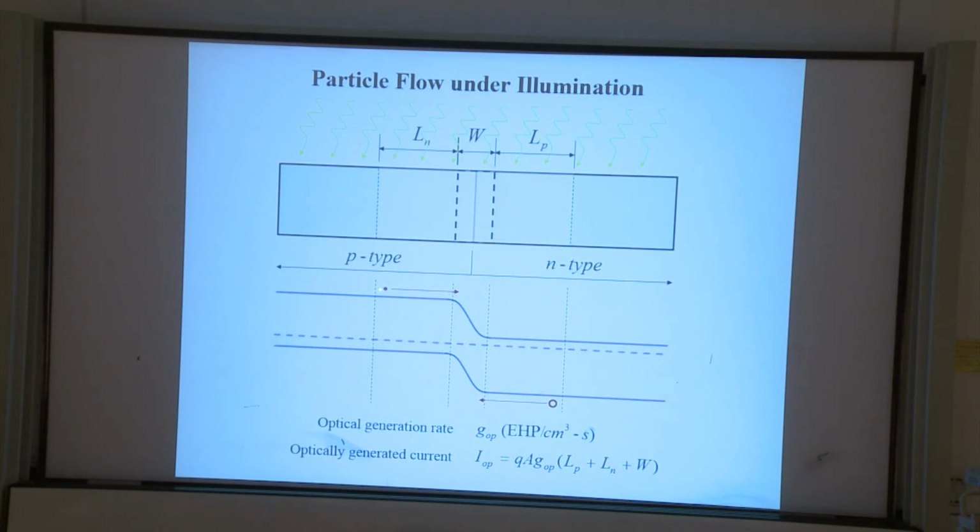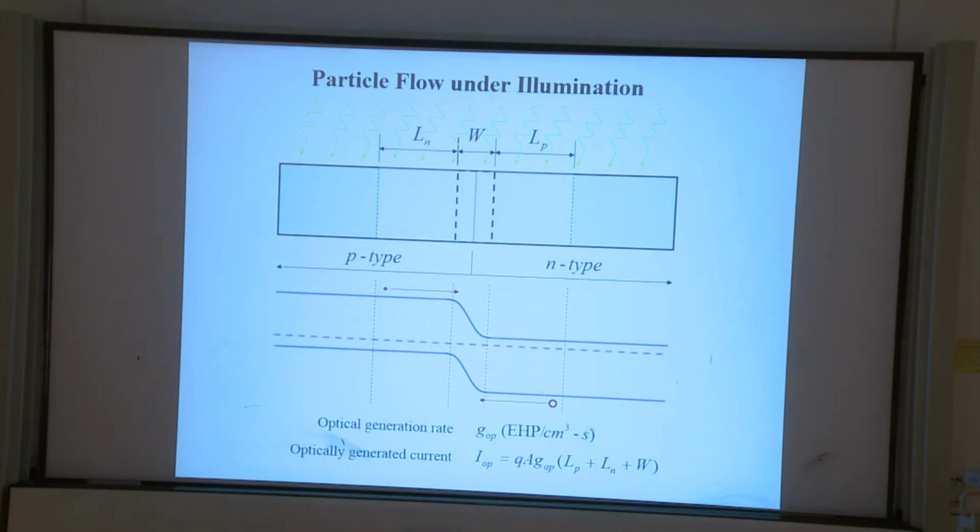That will cause the electron to flow to the right and holes to the left. This is a simplified model saying that all the field is crossing a very short distance near the interface, but actually there's still very small field in this flat region.